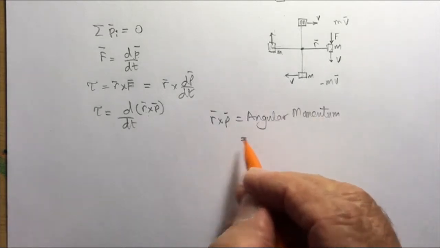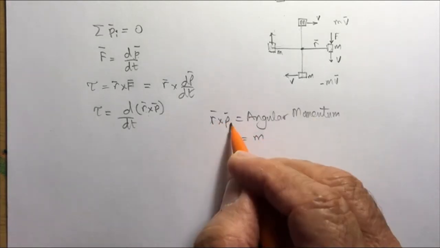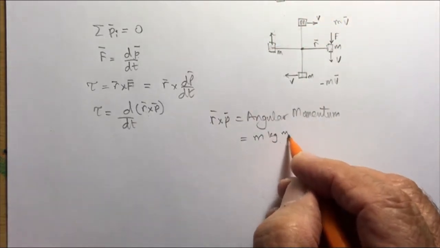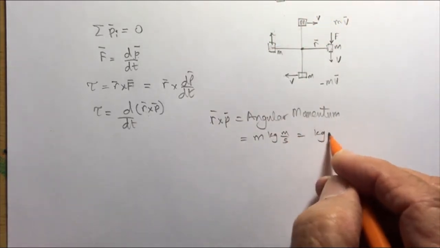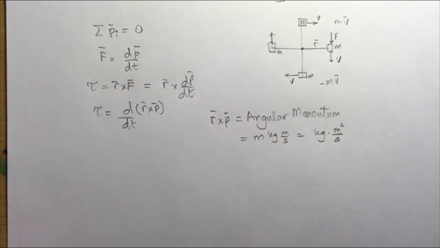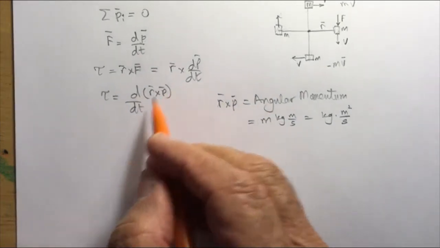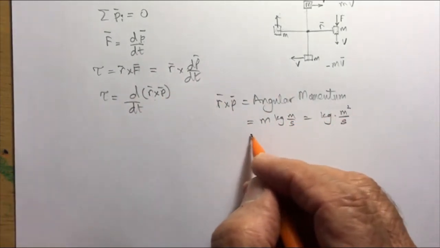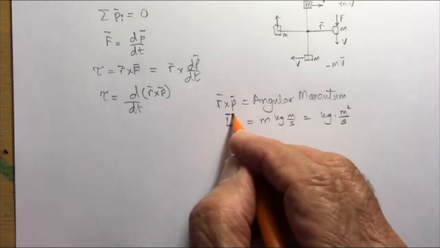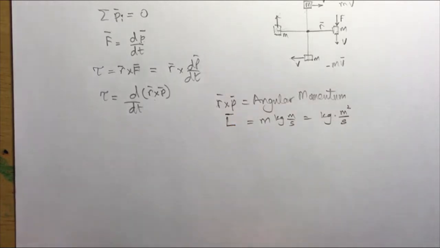The units of angular momentum would be meter for r, and the linear momentum is kilogram meter per second, so it's kilogram meter squared per second. That would be the unit of angular momentum. Angular momentum is written with the letter L, that's the symbol for angular momentum.